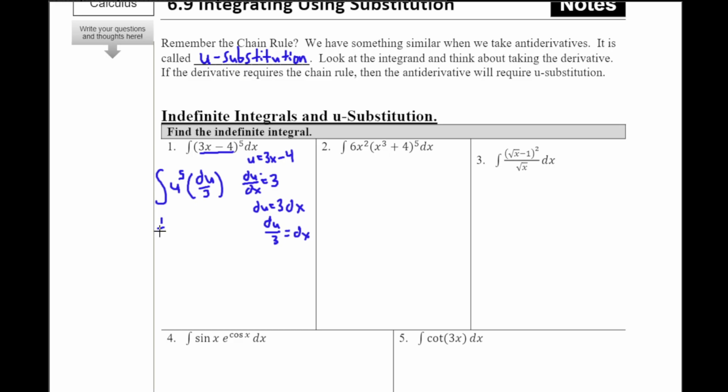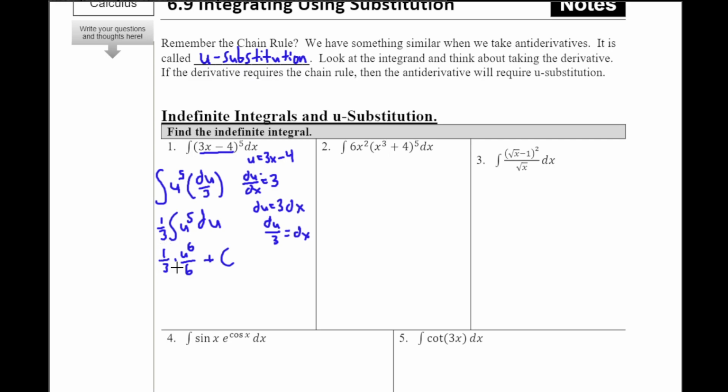So that's 1/3 integral of u to the fifth du. And now you can just take the integral as normal. So this gives you 1/3 times u to the sixth, the reverse power rule, over 6, plus c.